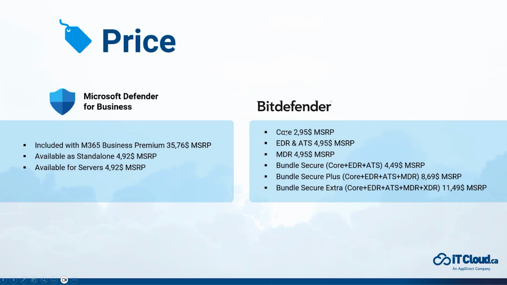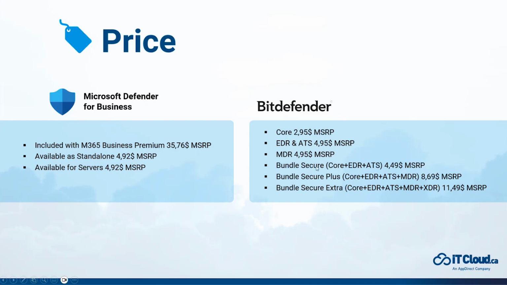Now, Bundle Secure includes the core and the EDR and the advanced threat security. So that basically is the same thing as what Microsoft Defender for Business gives you. And it's 449 MSRP. So about 50 cents cheaper than the Microsoft one.